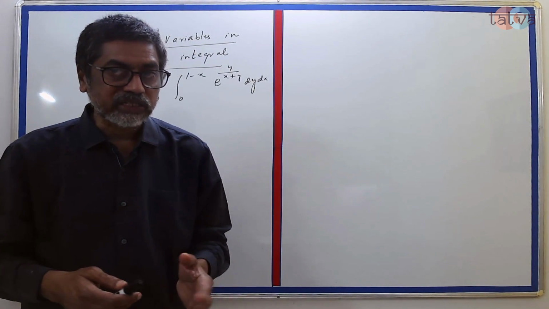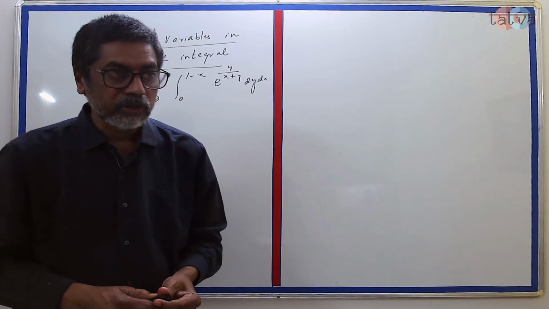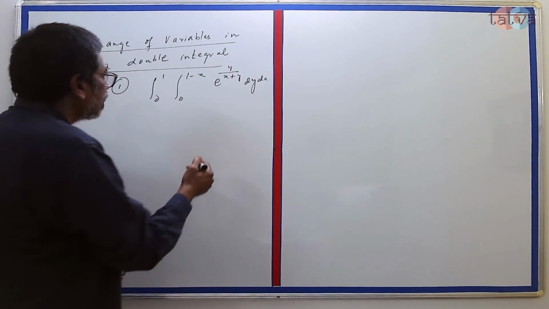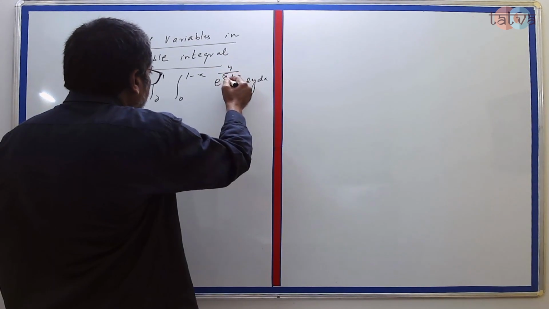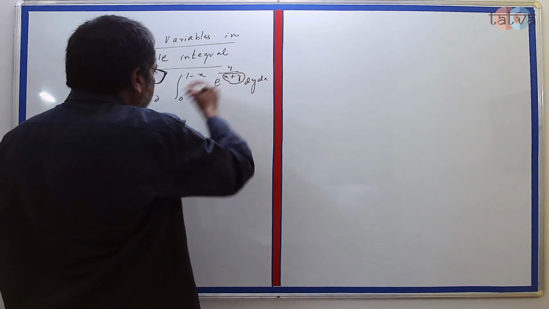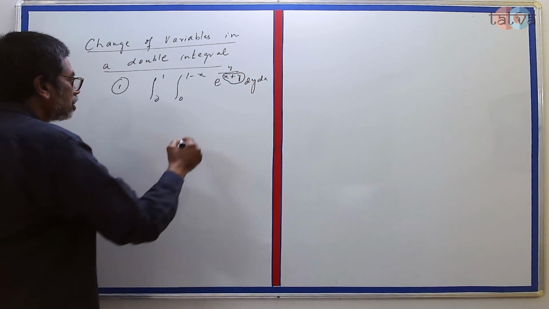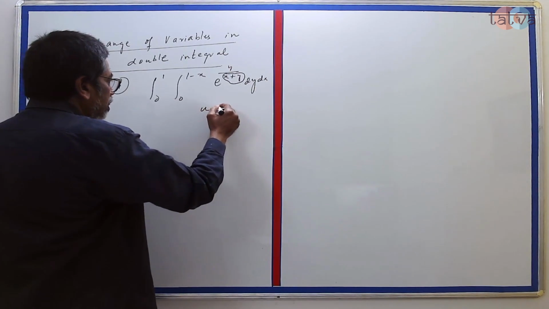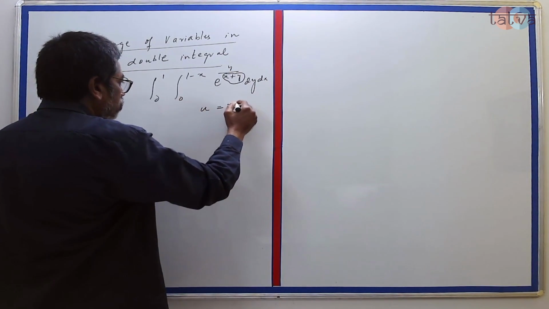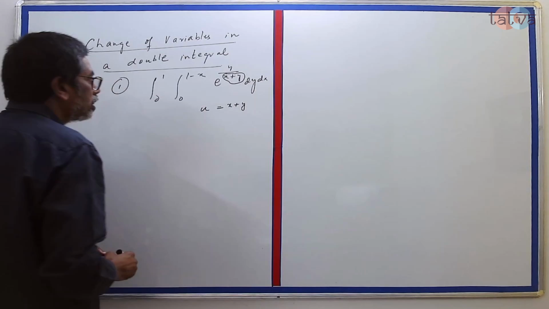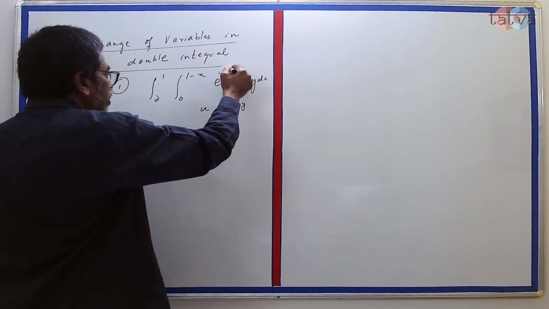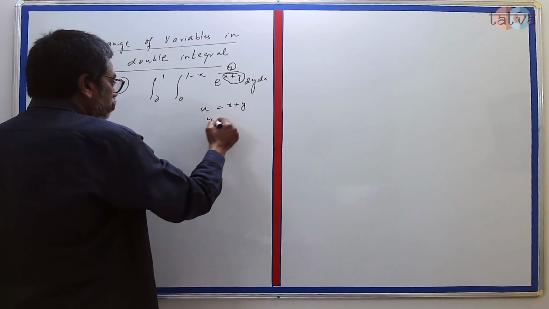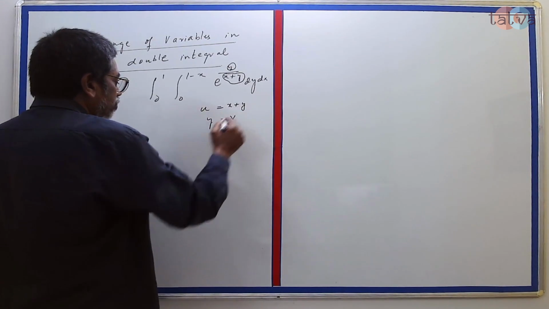So how do I sense that and how do I make it happen? I go to the region where some unfriendly term is there. That is where I begin my thinking process. So I'll replace that x plus y with u. And to minimize the complication, I will make just this y as v.